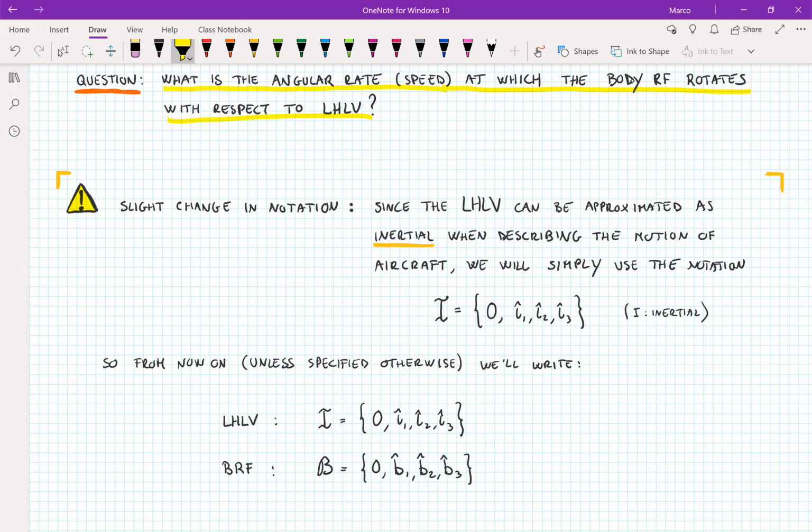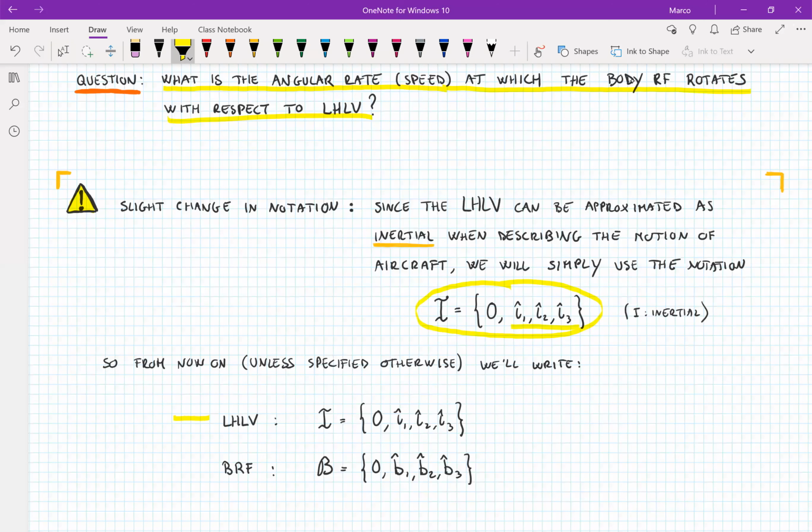But since the LHLV is inertial when describing the motion of aircraft, we will simply indicate it with I, as in inertial. We don't really care that it is actually the LHLV frame of reference. It could be any inertial reference. So we're just going to refer to it as I with origin in O and with the three versors I1, I2, and I3.